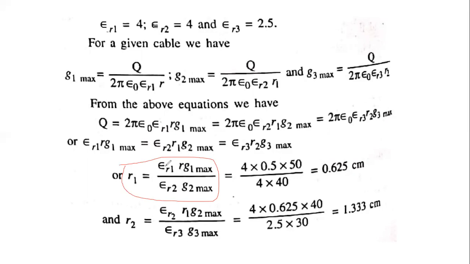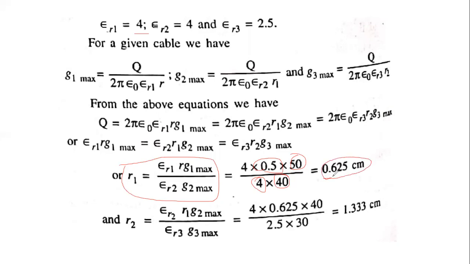Epsilon R1 value is 4, the relative permittivity of the first dielectric, into R, where R is the radius, that is 0.5, and G1 max is 50, by epsilon R2 which is 4 and G2 max is 40. Then we obtain R1.